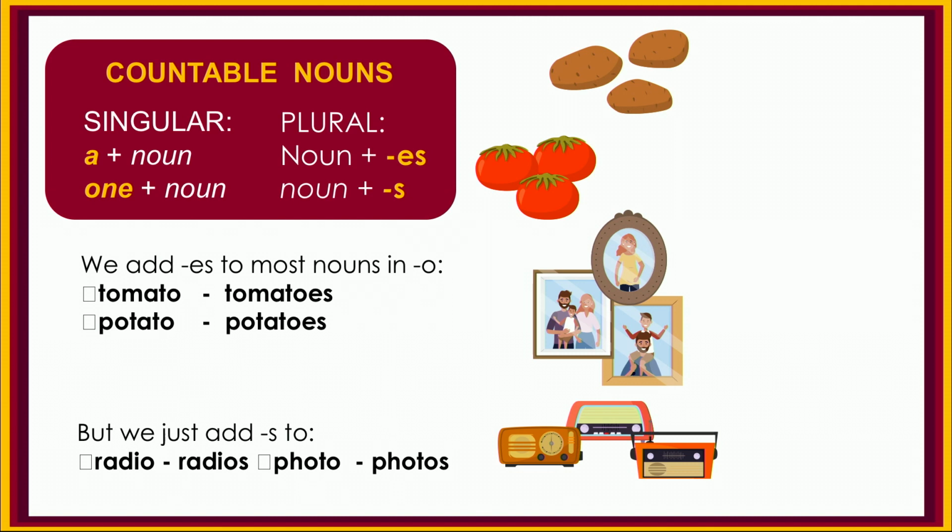Here we have some examples. We add es to most nouns ending in o. Examples: tomato, tomatoes; potato, potatoes. But we just add the letter s to these examples: radio, radios; photo, photos.